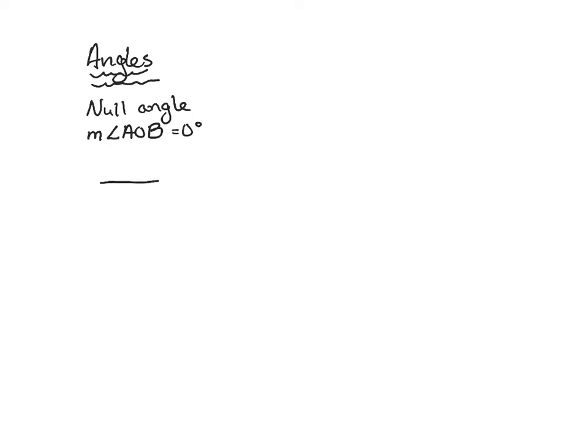Basically, what this means is that if A is here and O is here, B is in the same place as A, it's on the same line. No movement of any kind has taken place. So the measure of angle AOB equals 0 degrees. Maybe that's not clear alone, but when we start comparing it, we can see the difference.